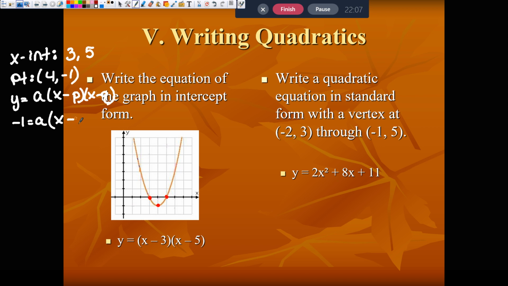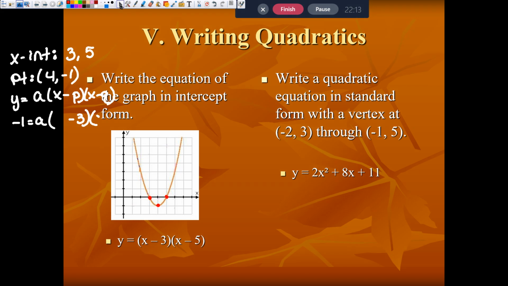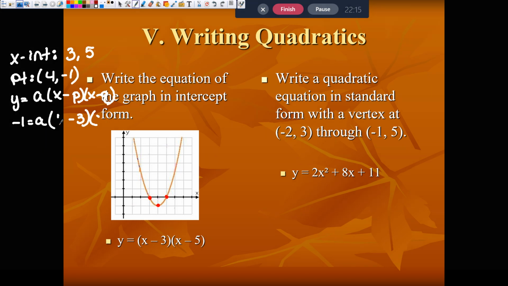I'm going to have 4 minus 3, and 4 minus 5. So I will get negative 1 equals a times 1 times negative 1. So negative 1 equals negative a, so a equals 1.